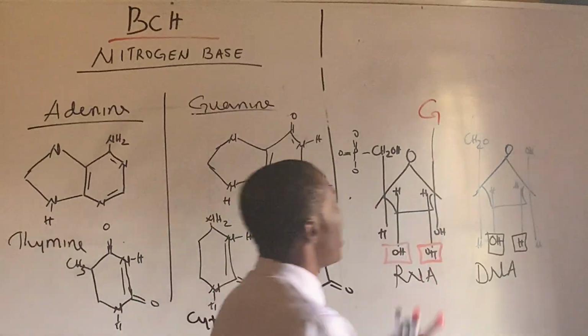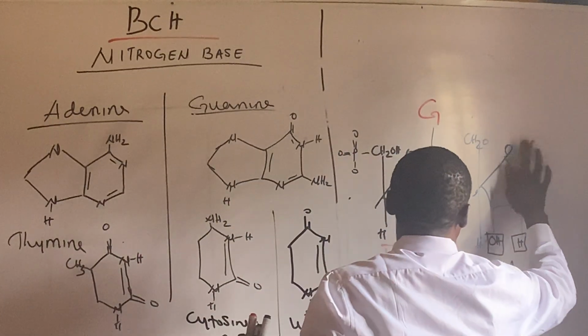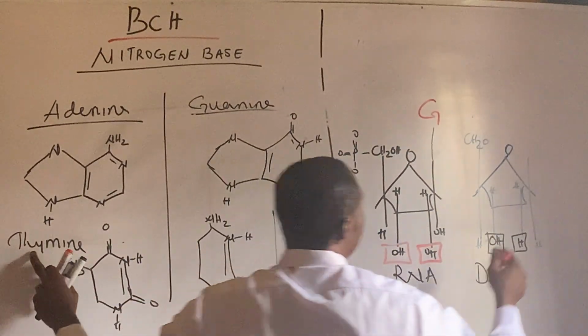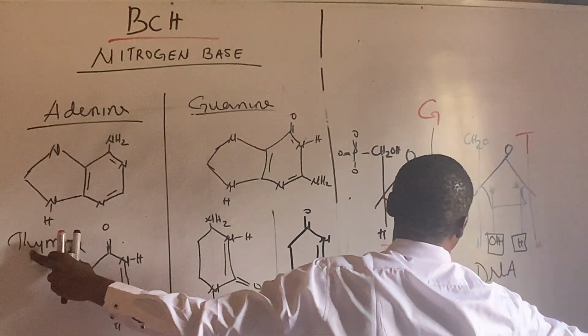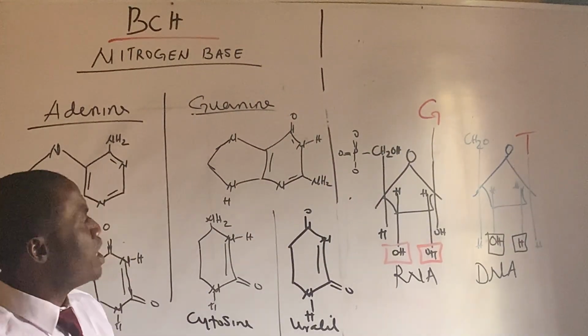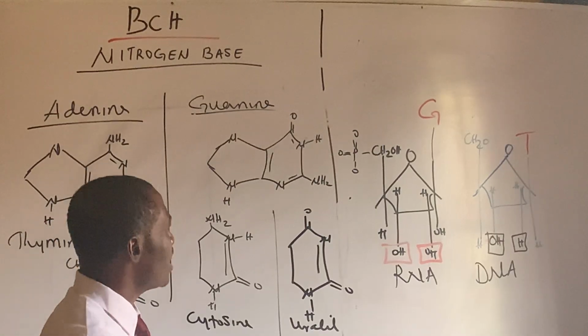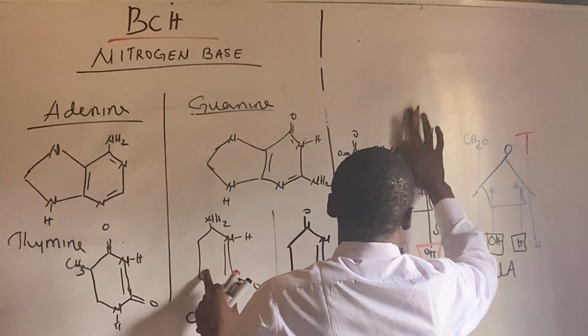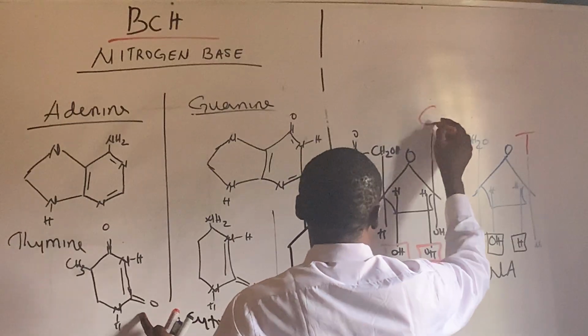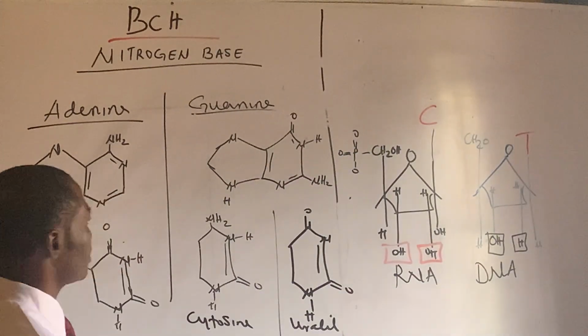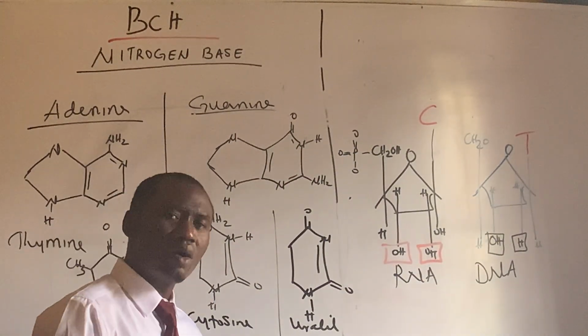If I do that over here with the DNA, maybe I put the thymine, okay, that will be what? You need to drop the answer in the comment section. If I remove this one and put the C, which is cytosine, that will be what?